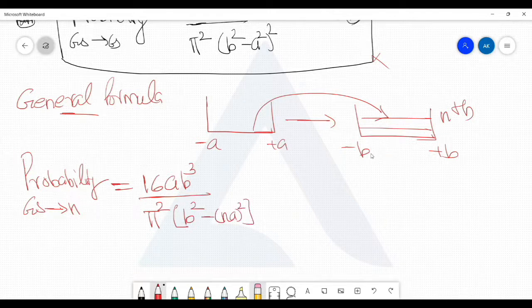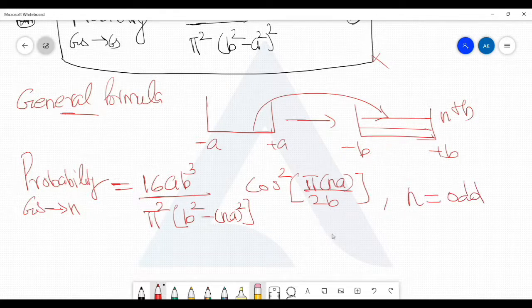Keep in mind, if the state is ground, n is simply 1. Otherwise, you have n a square into cos square pi n a by 2b. The term a becomes n a, that's it, provided n is odd.